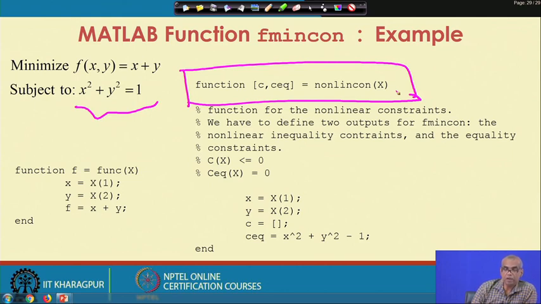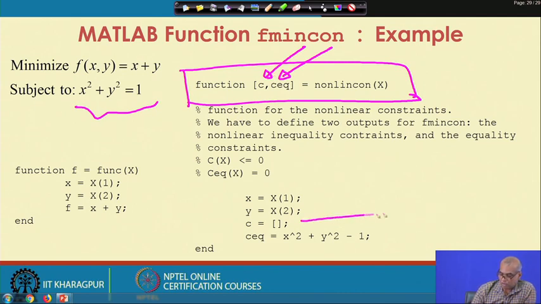This is how you define the function. Output of this function is C and C eq. C is for nonlinear inequality constraint and C eq is nonlinear equality constraint. I have only nonlinear equality constraint.